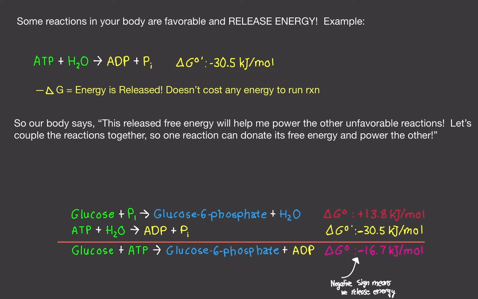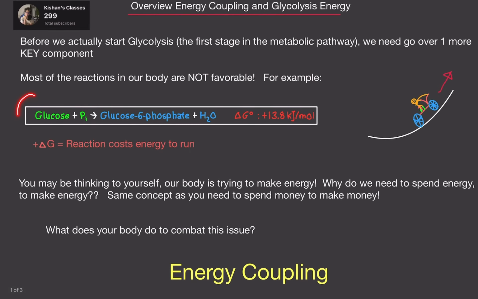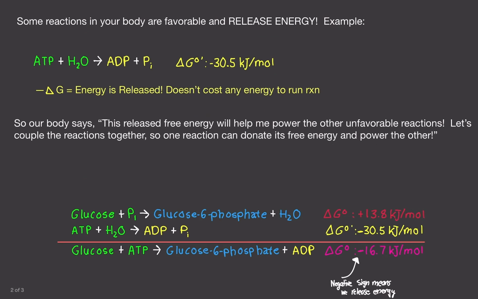So in other words, it's going to use this energy that we have just created. We don't actually create energy, but whatnot. This release of energy is going to help and power this reaction, because this one's not going to run by itself. It needs some help. So that's what energy coupling is.